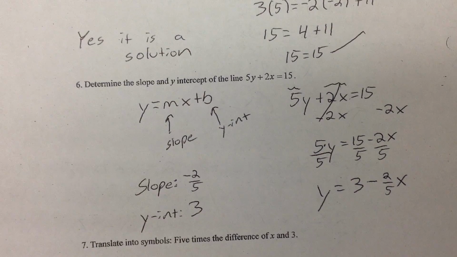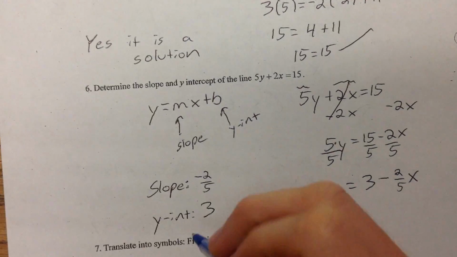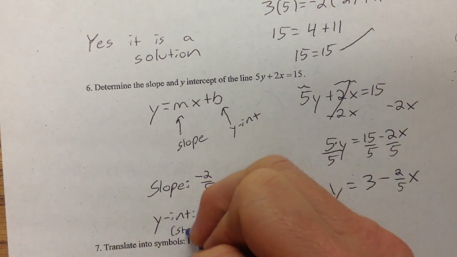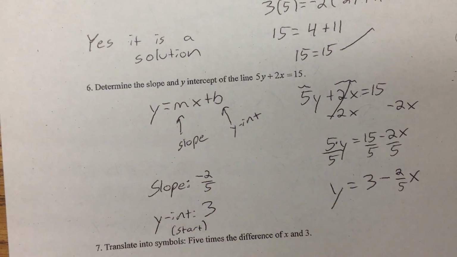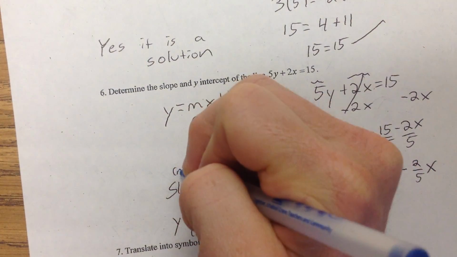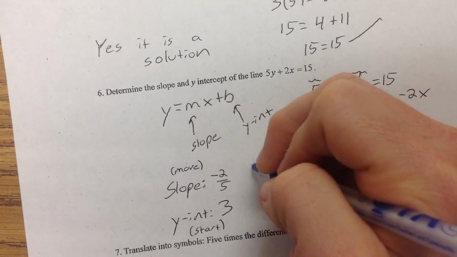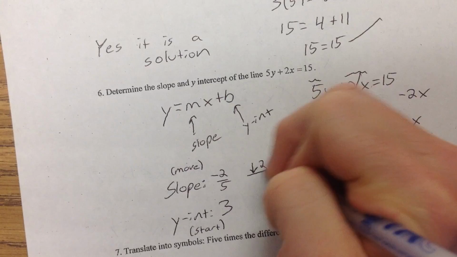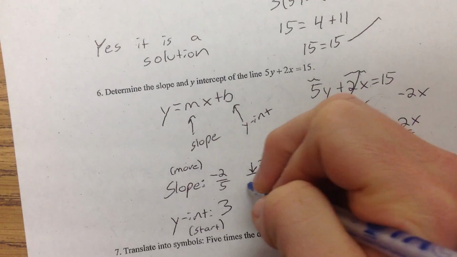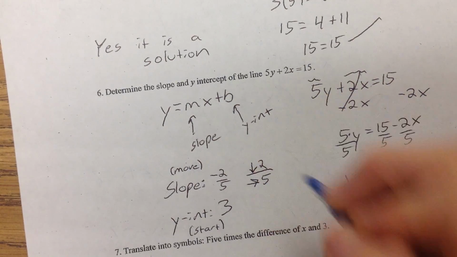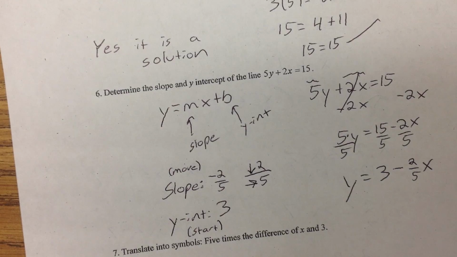So, if we were graphing this, not that we have to, the y-intercept is where we'd start, so we would start up 3 on the y-axis, and the slope is how we would move from that starting point. So in this case, it would be down 2, because that's a negative 2, and to the right 5, because that's a positive 5. Again, we didn't have to graph this one, but if you were, that's kind of how that would work out.